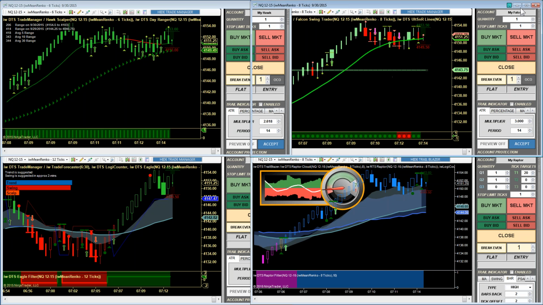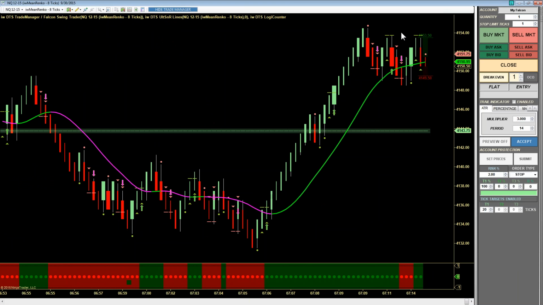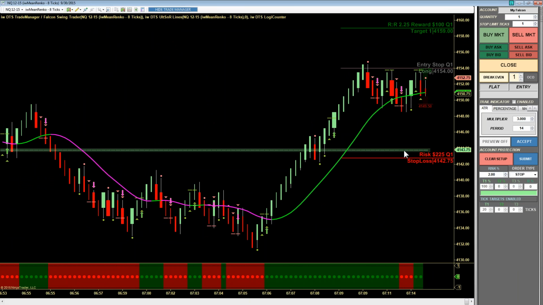Here's a late filter entry signal on the Falcon. Again, the trend line does not go out of sync. The filter goes out of sync, comes back into sync. This one hasn't tripped yet. The problem with this particular trade is we have very little structure down here. So where do we go to cover the trade? Well, we could use the resistance line from the support and resistance suite.